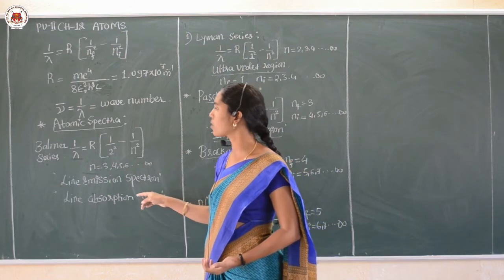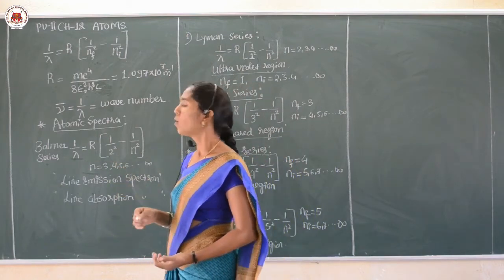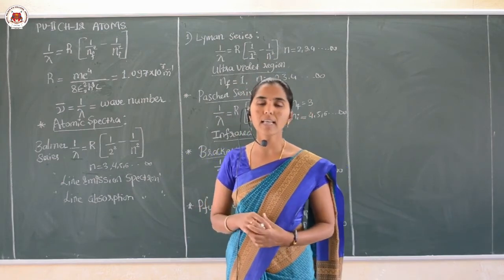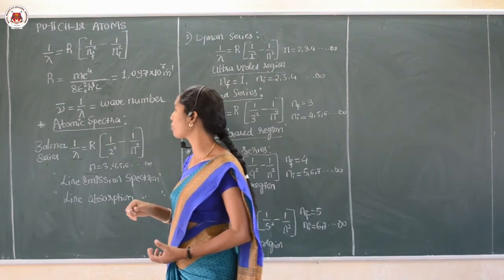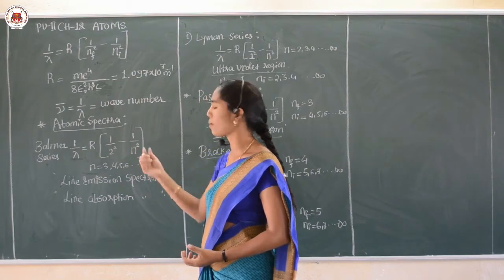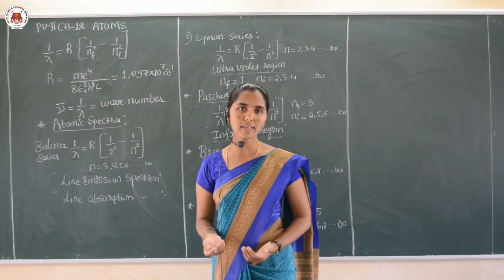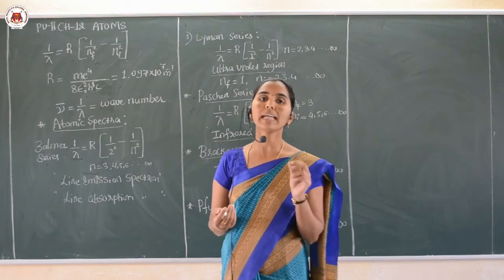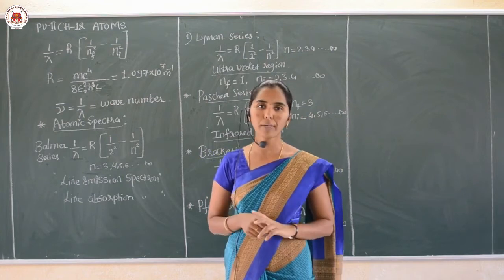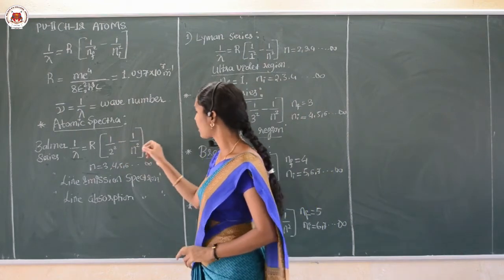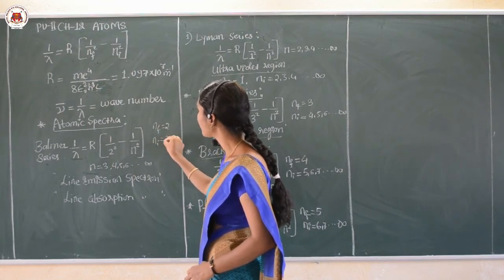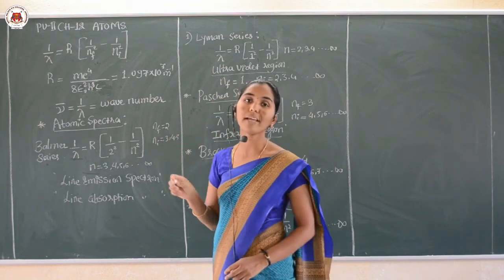After that, there was a scientist called Balmer who studied the wavelength of the spectral lines, and he gave an empirical formula, that is 1 by lambda is equal to R into 1 by 2 square minus 1 by n square, and this Balmer series is obtained when an electron makes a transition from higher energy levels to the second orbit. Therefore, here nf is 2 and ni can be taken as 3, 4, 5, 6 up to infinity.